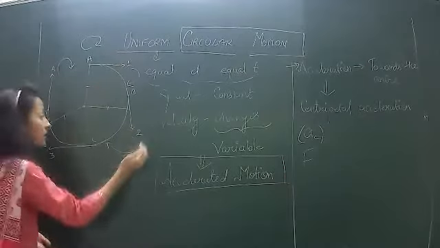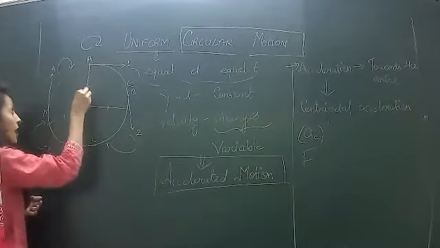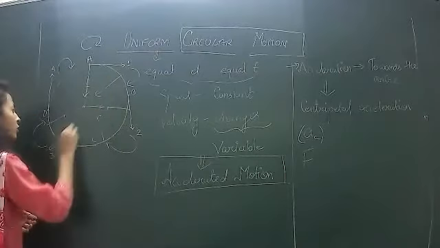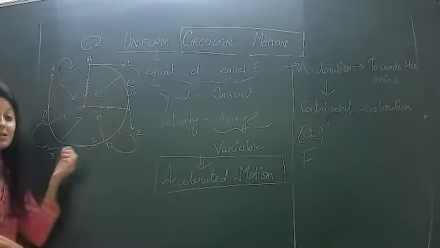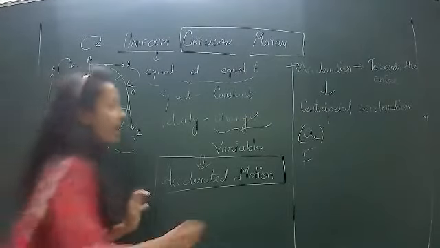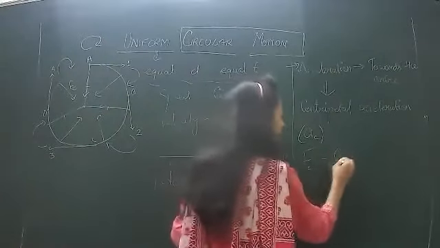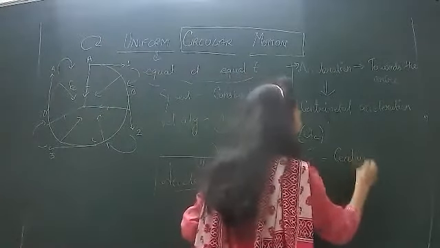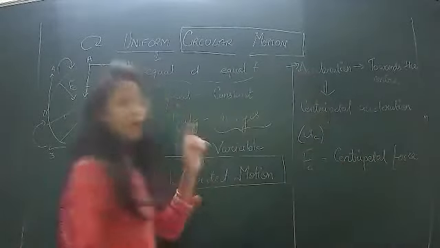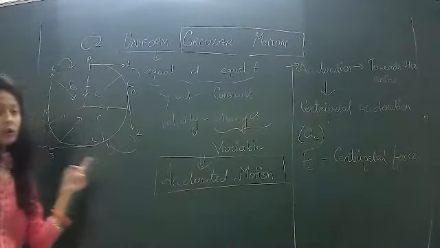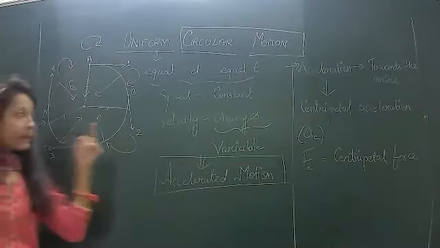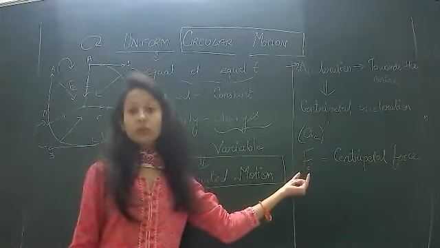Since it is towards the center, the force will also act towards the center of that circular path, and the force acting towards the center is represented by Fc, and it is called centripetal force. For an object to move along uniform circular motion, there is some centripetal force acting on the object.